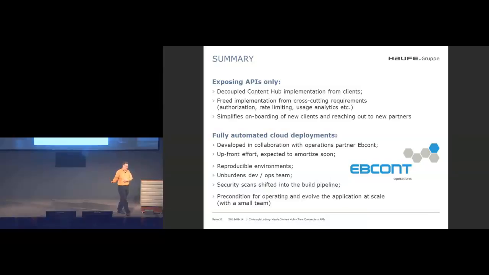So no matter which load the consumers will put on the machines, or no matter whether one of our content producers is currently down, we can still serve the consumers. We don't have to worry about cross-cutting concerns within our Content Hub implementation. There we can concentrate on the business logic. That's all now placed in the gateway.